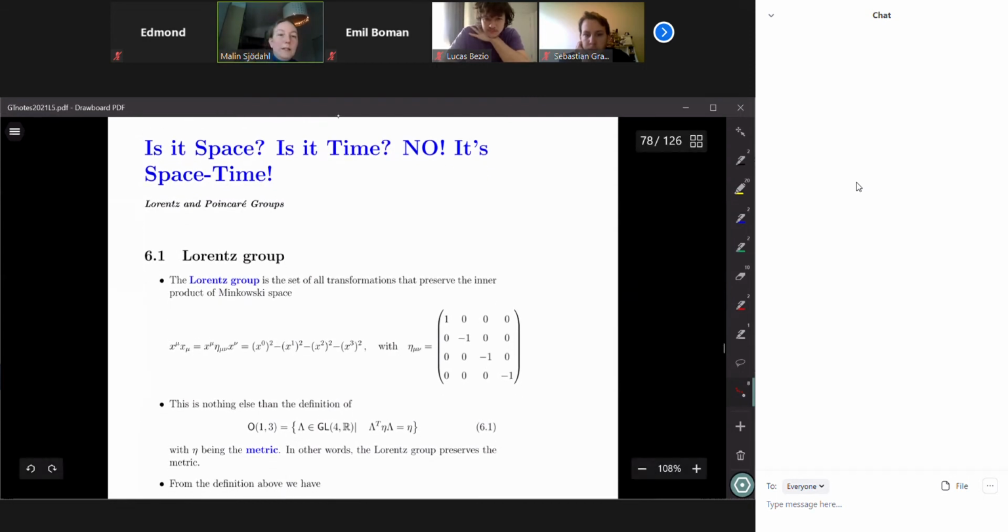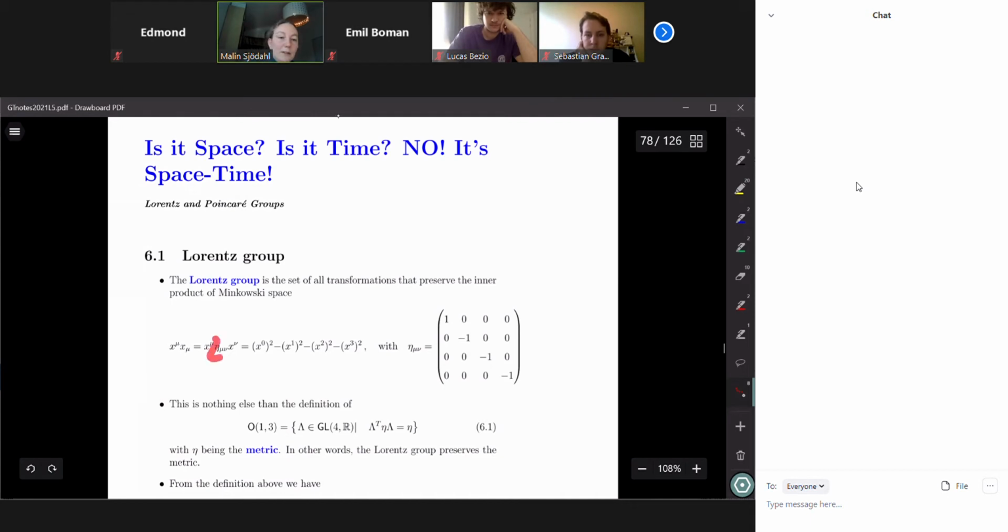And we can define the Lorentz group as the set of all transformations that preserve the inner product of Minkowski space. So you should know from special relativity that this quantity is conserved, expressed in terms of the metric like this, or expressed as x0 squared minus x1 squared minus x2 squared minus x3 squared.